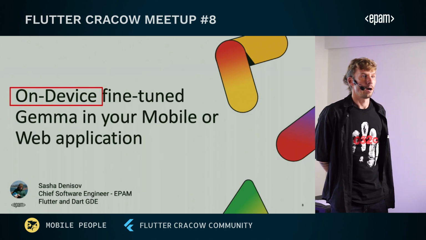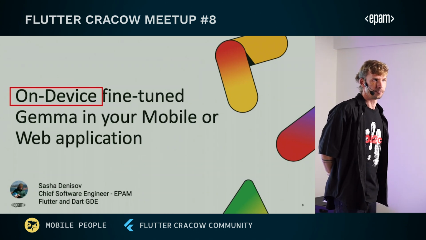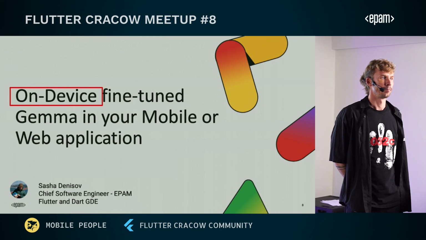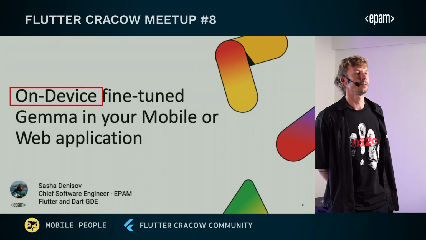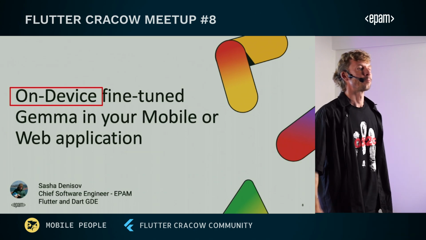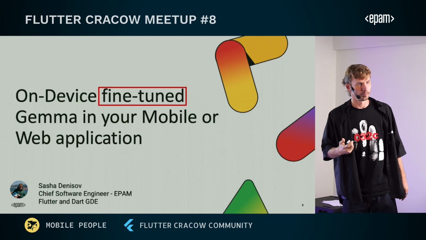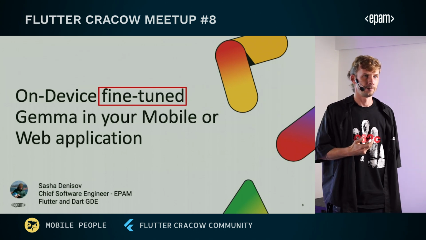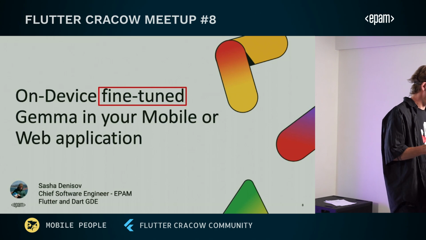What does on device AI mean? Who knows? Okay, just the same people. No, a little bit more. And who knows what a fine-tuned model means? Okay, the same. I will try to explain everything.